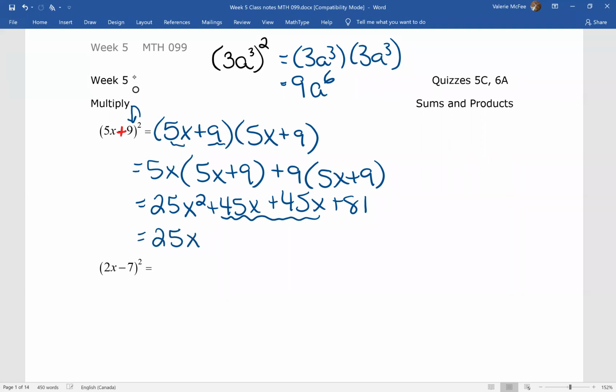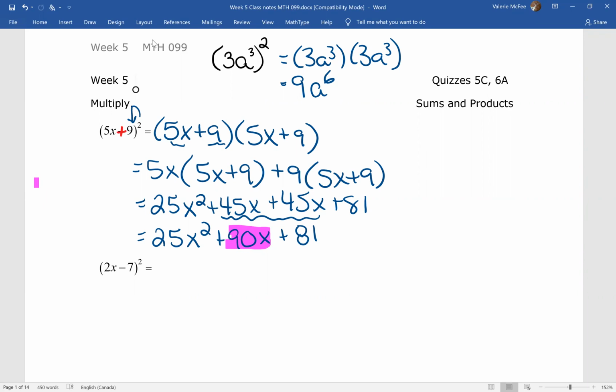This gives us 25x squared plus 90x plus 81. It does not give us 25x squared plus 81. There's that middle term that often gets forgotten if people aren't careful here.